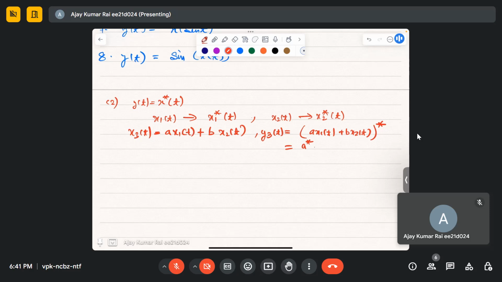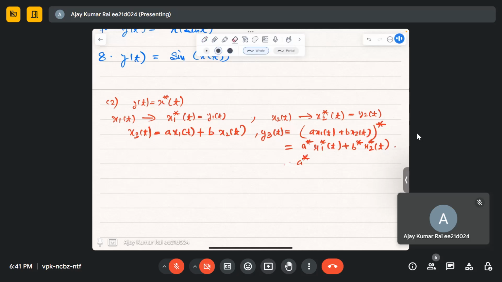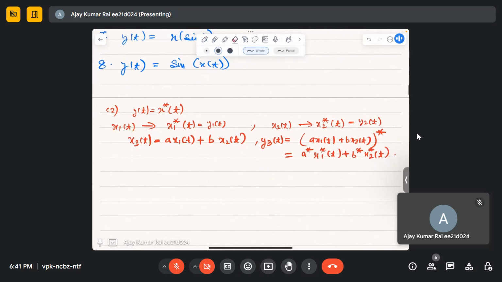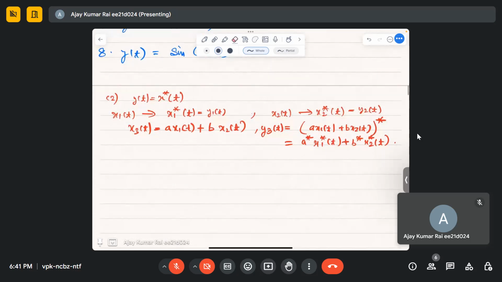It should be a star x1 conjugate t plus b star x2 conjugate t. Let's simplify: this is equal to y1(t) and this is equal to y2(t). So I can write a star y1 plus b star y2. This is the result I got when I put this x3(t).